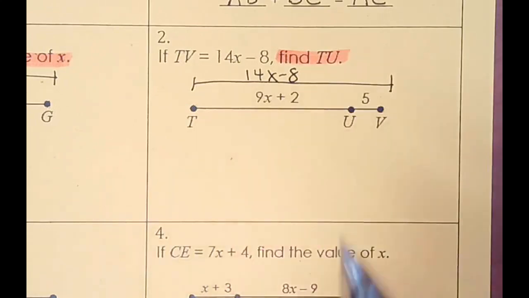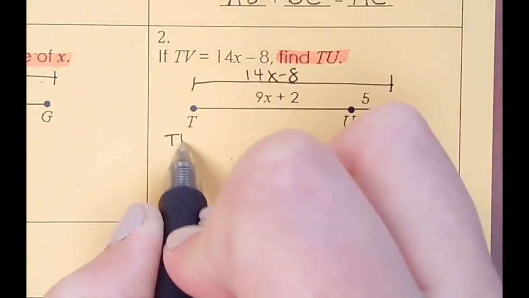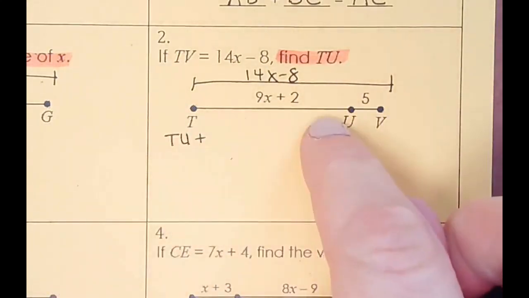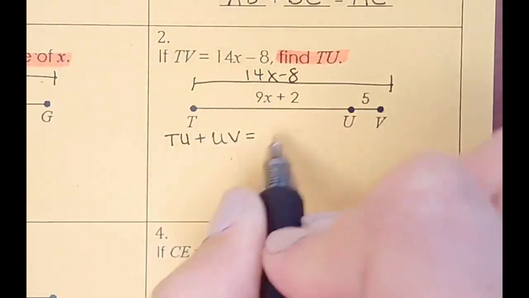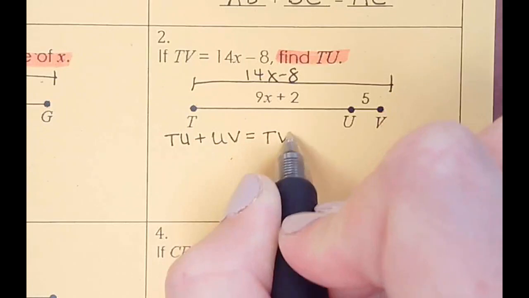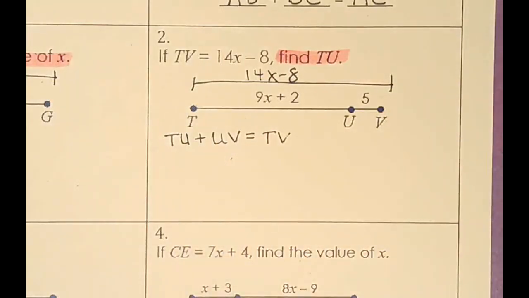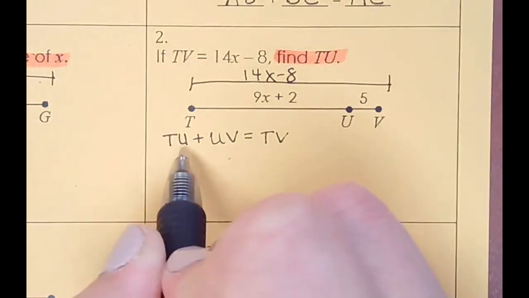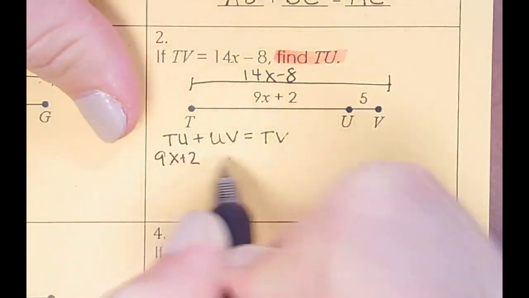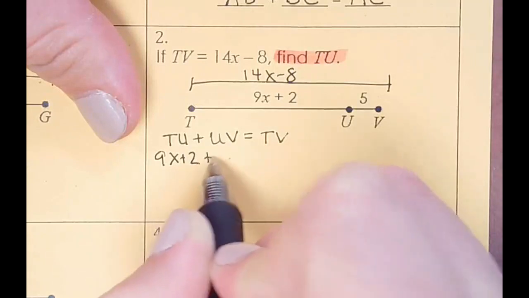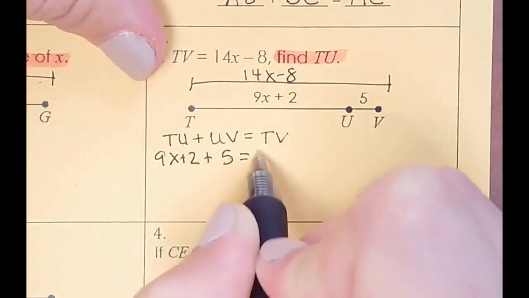So I have T to U, this part, plus the second part, U to V, equals the entire segment, TV. Okay, so plug in what we know for TU. TU is 9X plus 2. UV is 5, so plus 5, equals TV, 14X minus 8.